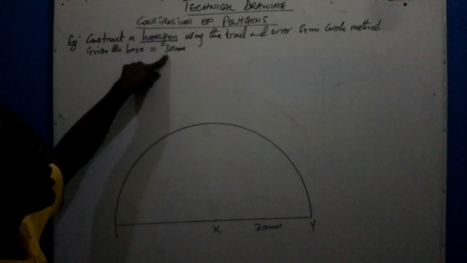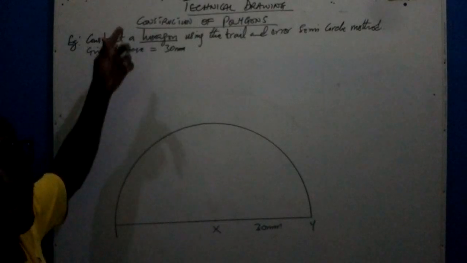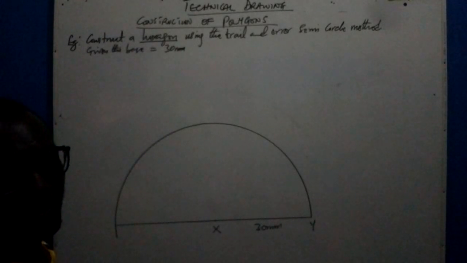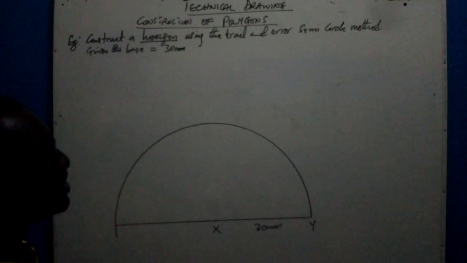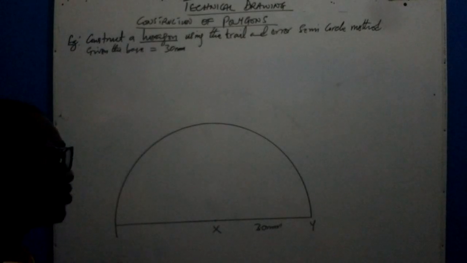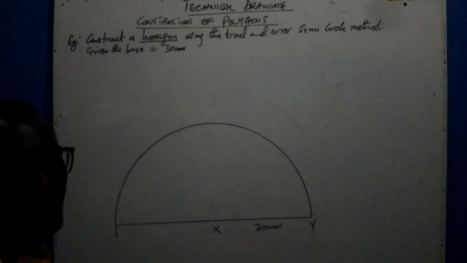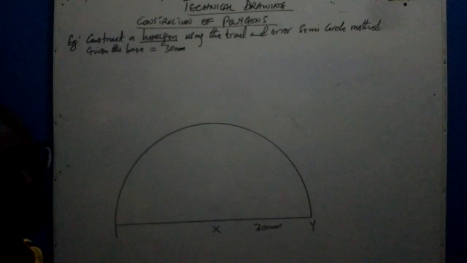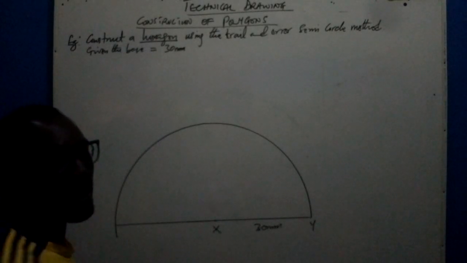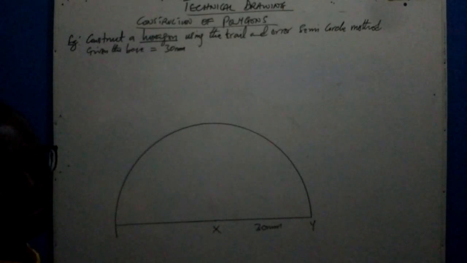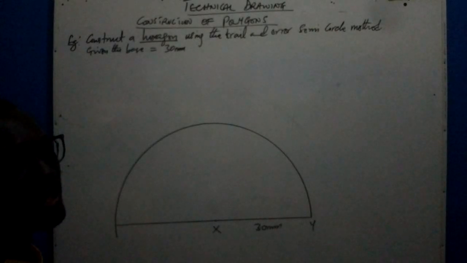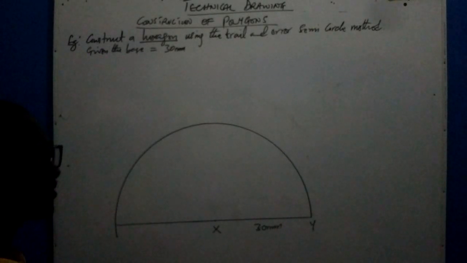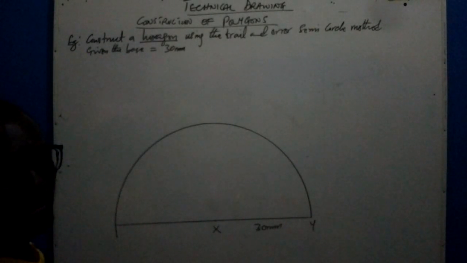Let's take the 30 millimeters, you make it 60 millimeters. Then you multiply by 2, which you get 60. From there, that's where you bisect that 60 into 2 to get its actual base measurement. Anyhow you go about it, you can still arrive at this point.